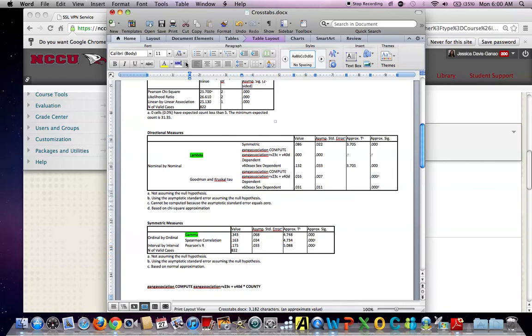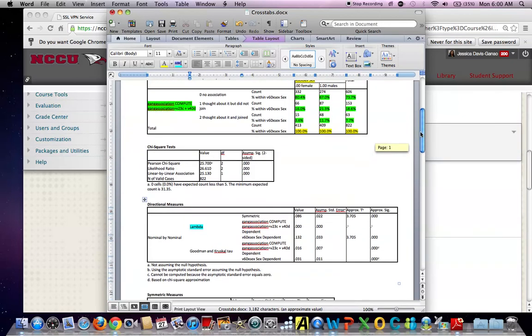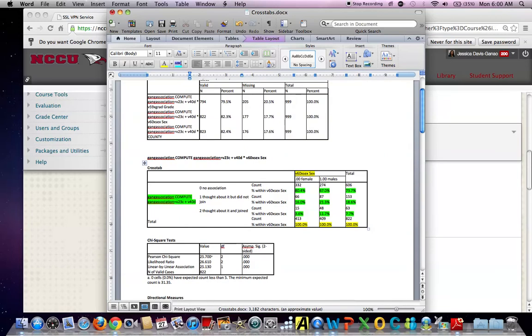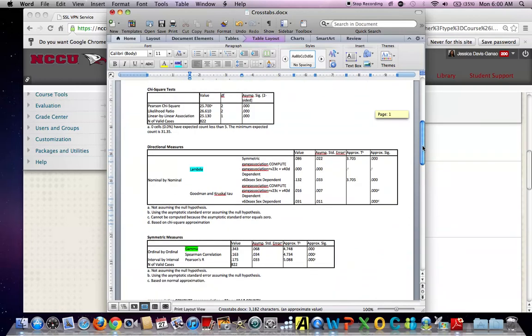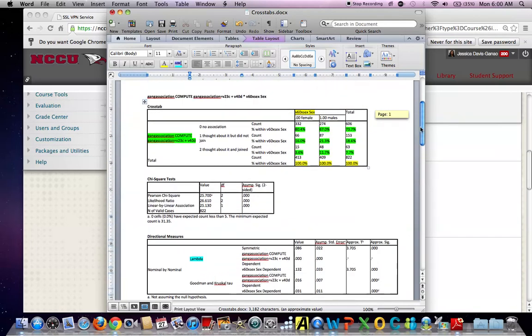Between lambda and gamma. And again, because our gang association is a nominal level measure, our sex is a nominal level measure, the appropriate value to interpret then would be what?